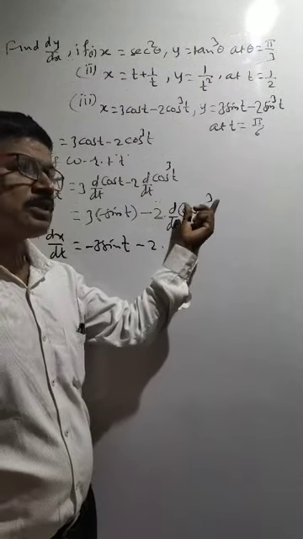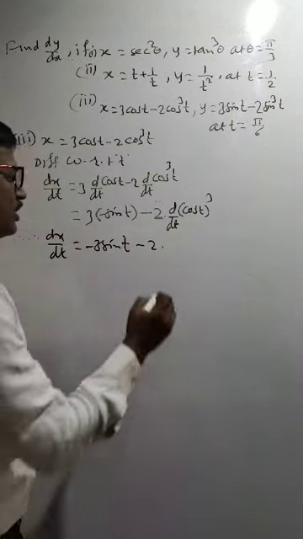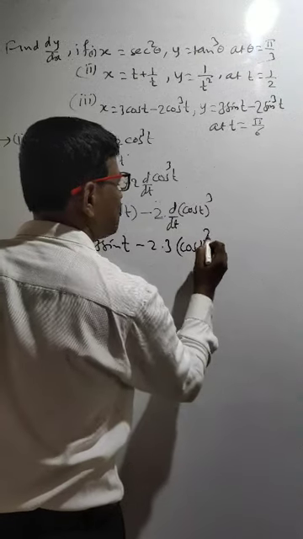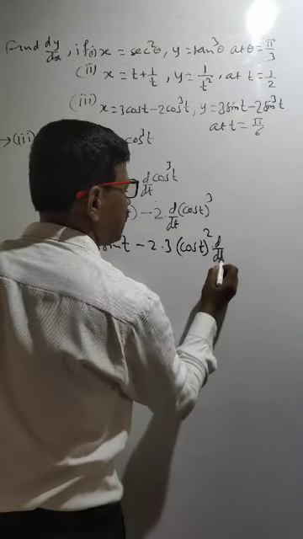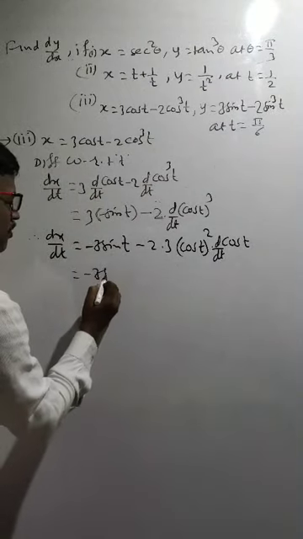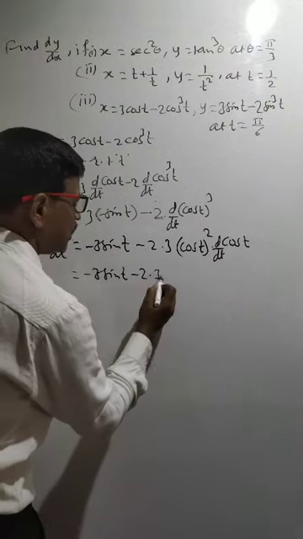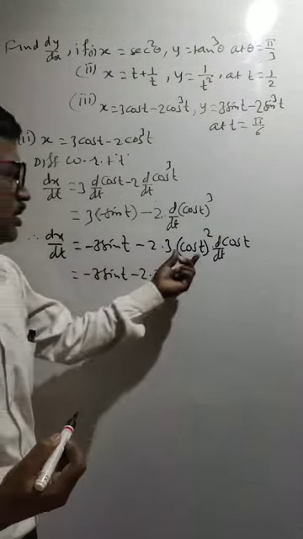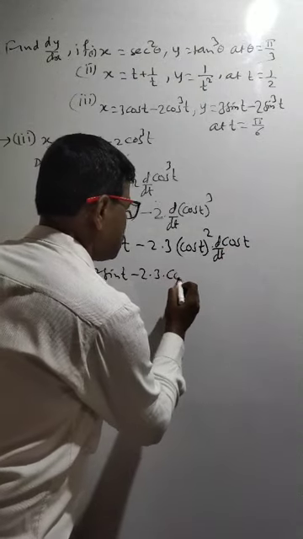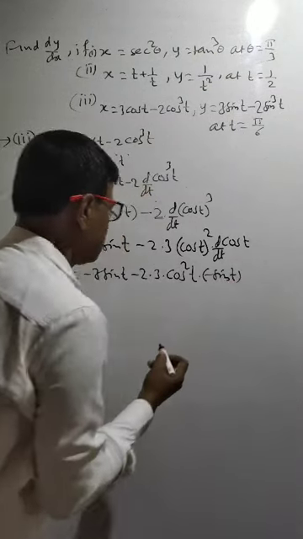Using the formula for x raised to n, 3 into x raised to 3 minus 1, we get 3 into cos t raised to 2 into d by dt of cos t, equal to minus 3 sin t minus 2 into 3 cos square t into minus sin t.